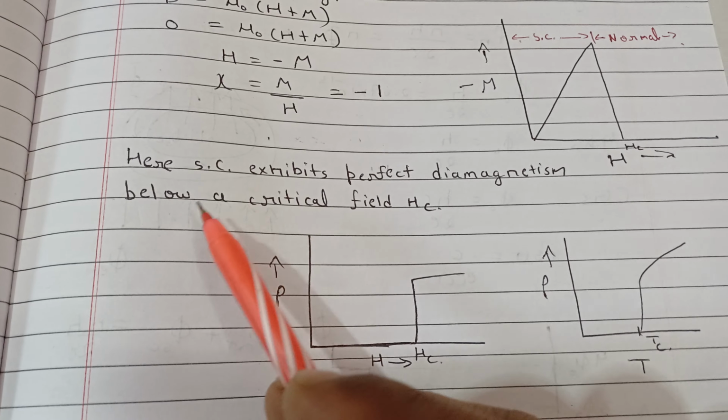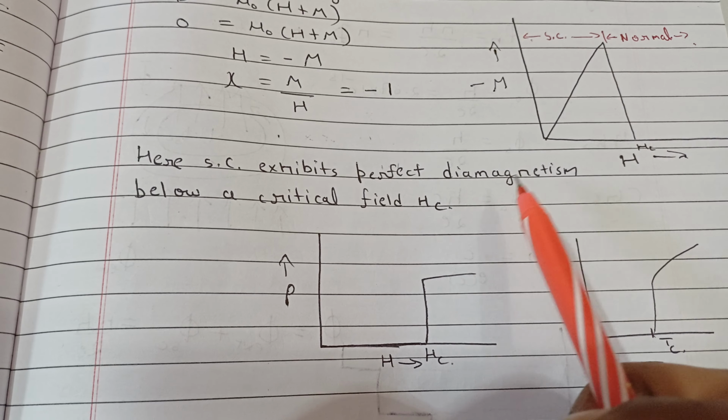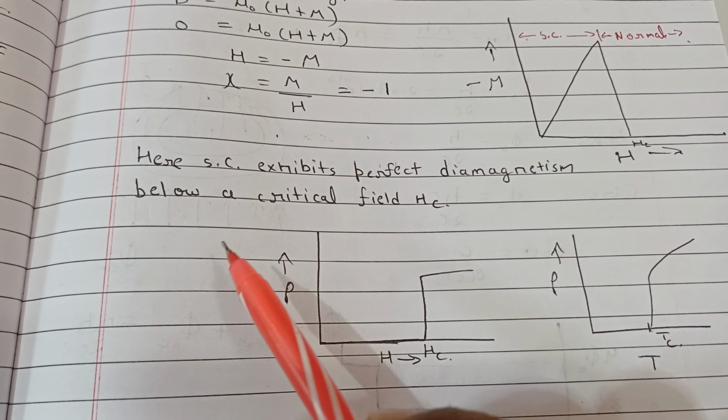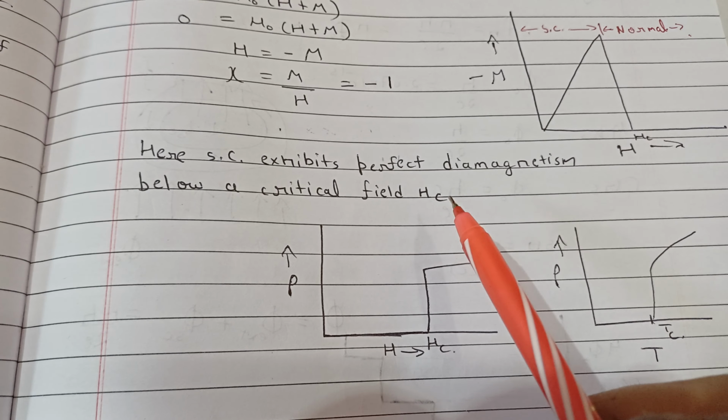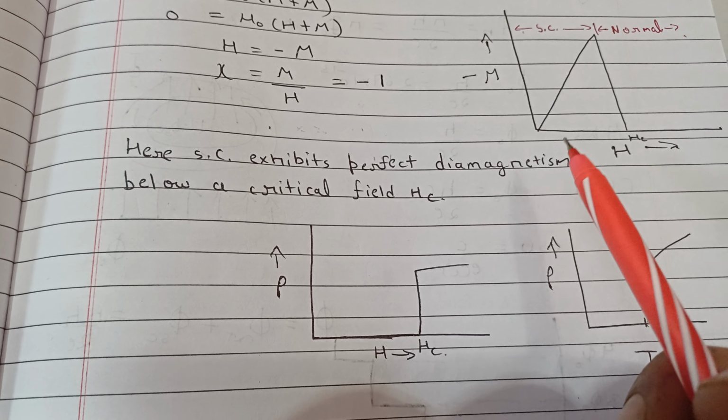Some more representations here. A type 1 superconductor exhibits perfect diamagnetism below a critical field HC. Below the critical field it will show perfect diamagnetism.